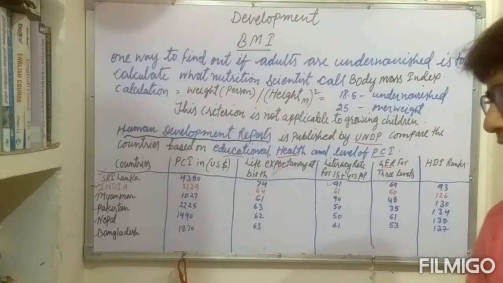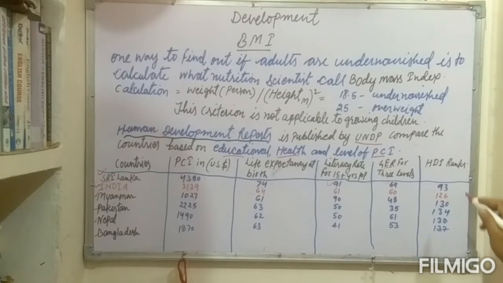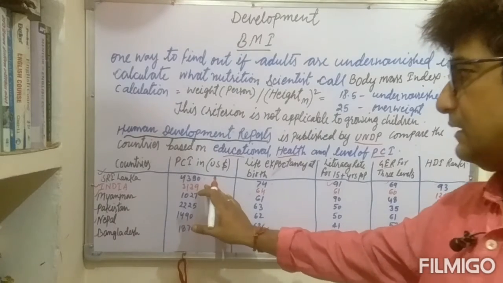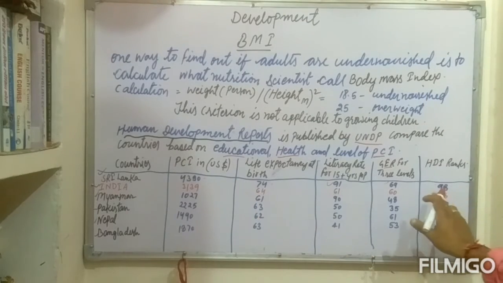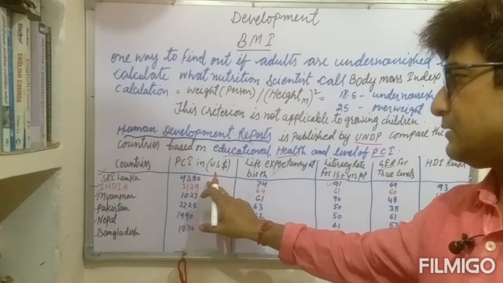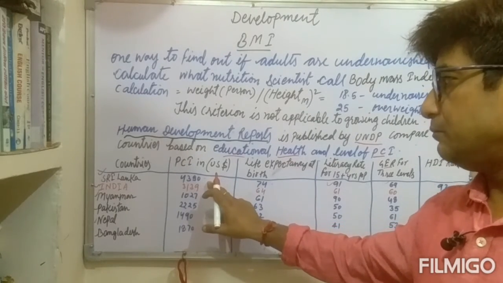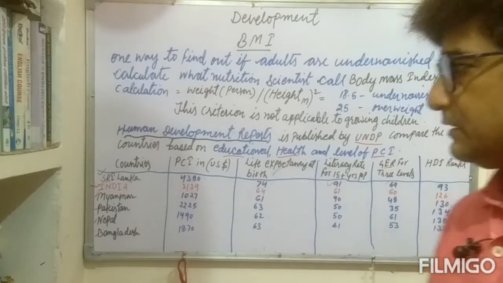Then the HDI rank, where Sri Lanka stands at 93, and nowadays it is near about 70. This is the statistics which has been taken from the books, so that students cannot be confused.